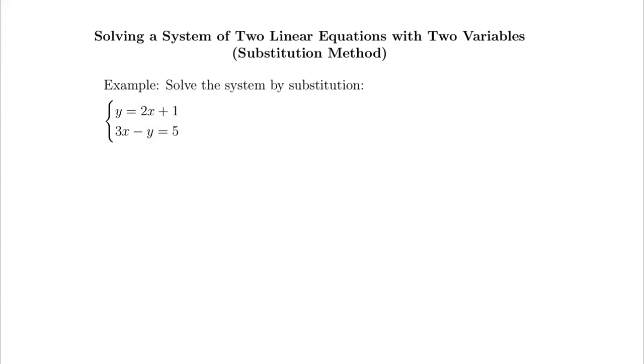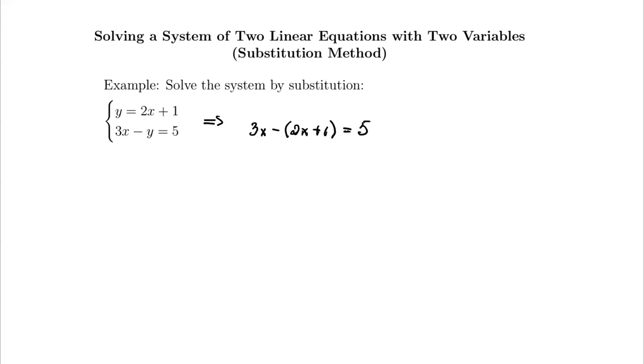If you do that, then the second equation turns to be 3x - (2x + 1) = 5. So now we have an equation in one variable, and it's a linear equation, we can solve it.